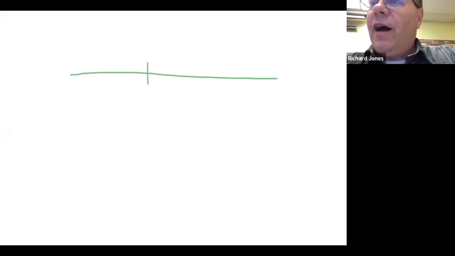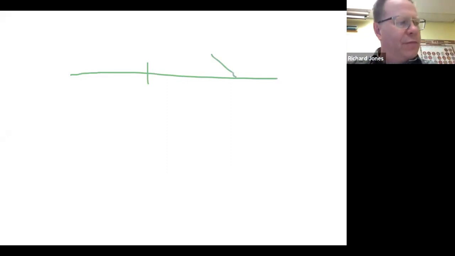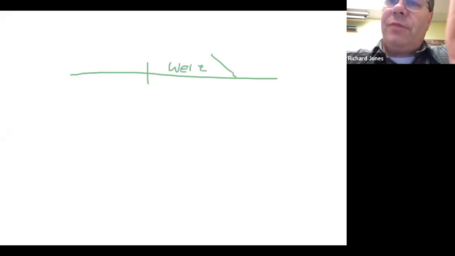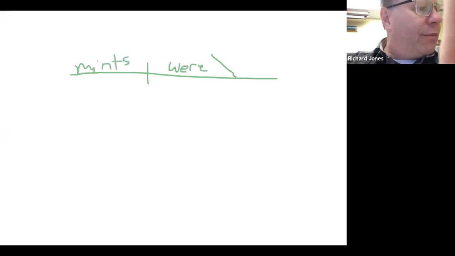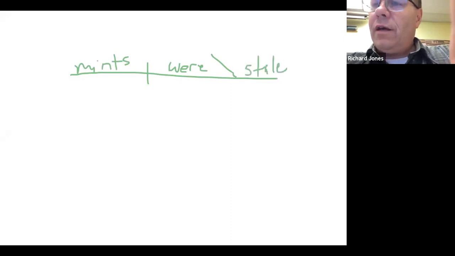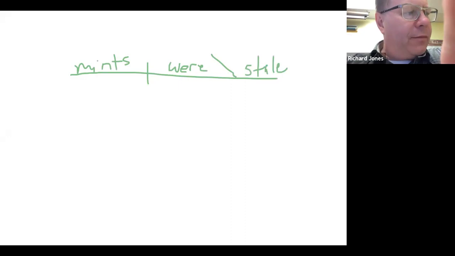Okay, this is going to be a predicate adjective, so it's going to be pointing back to the left. Mince is your subject, and then going back is the word stale. Okay, so you should have that part.